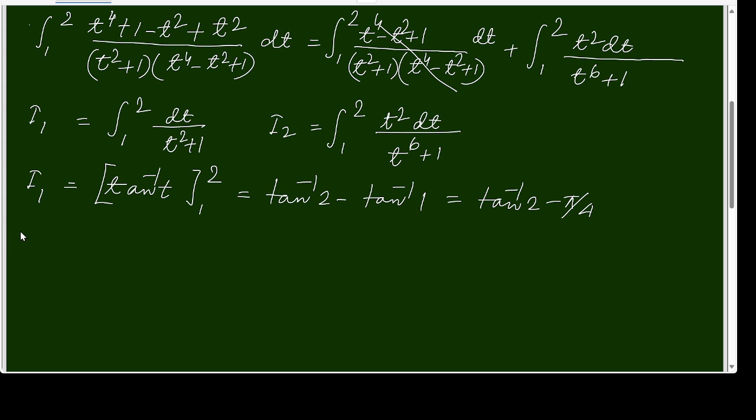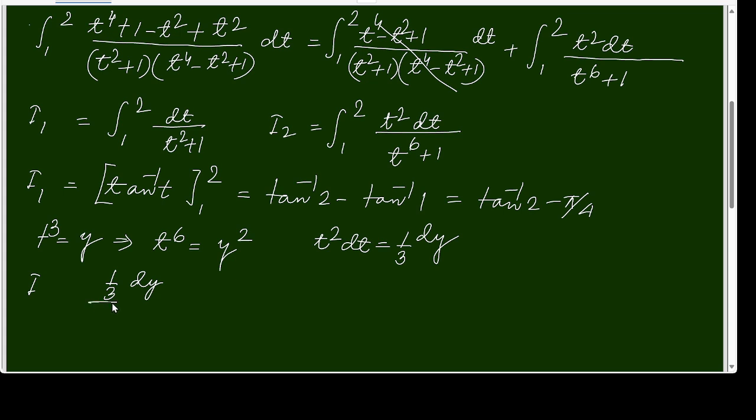For integral 2, I'll take t cube as y, then t^6 equals y^2, and 1 by 3 t^2 dt. t^2 dt will be 1 by 3 dy. So I2 will be 1 by 3 dy over y^2 + 1.